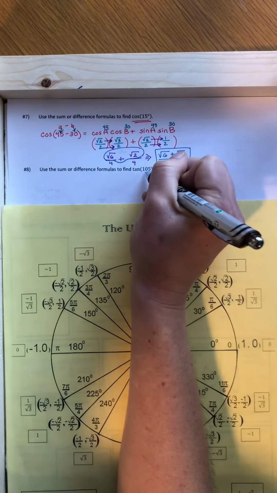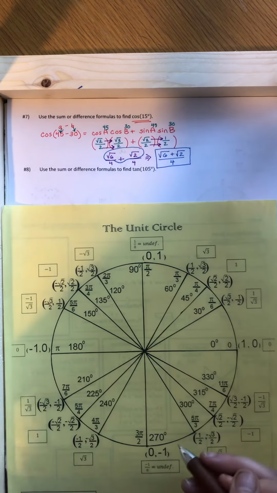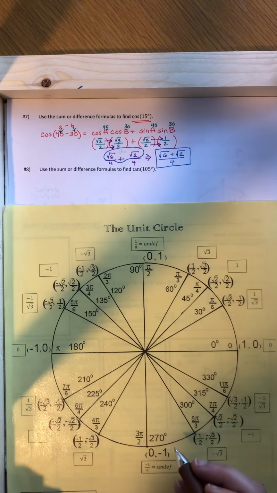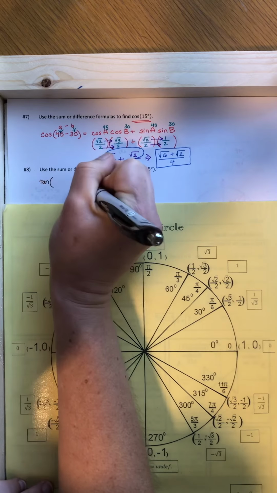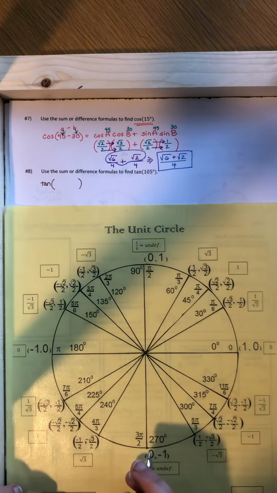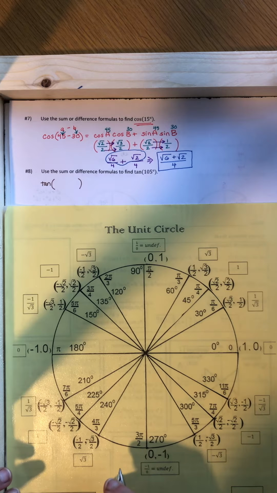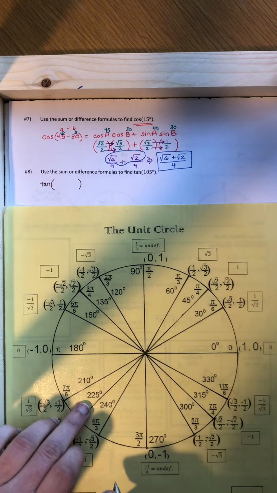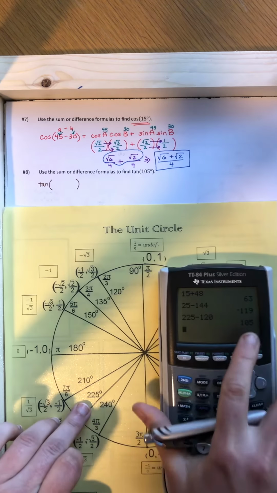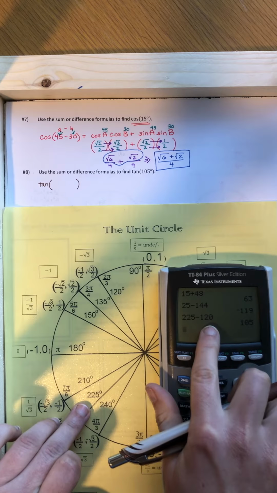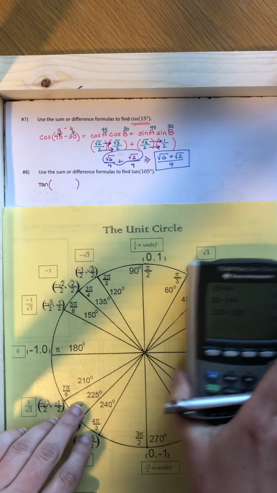So I want to find two things that add or subtract to 105 on the unit circle. So we could do 225 minus 120 is 105.